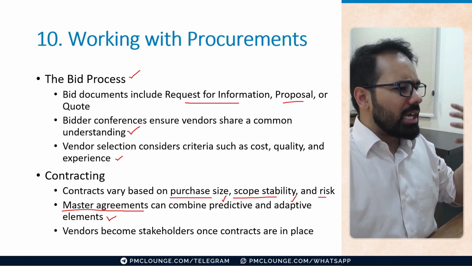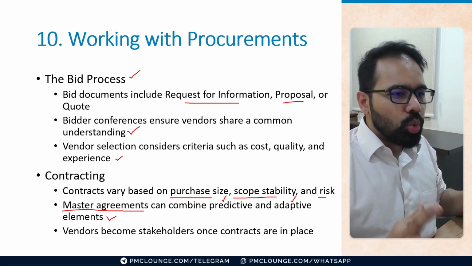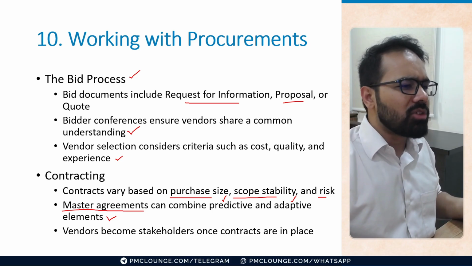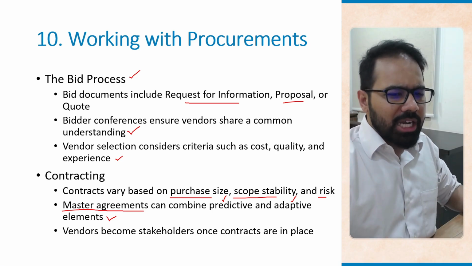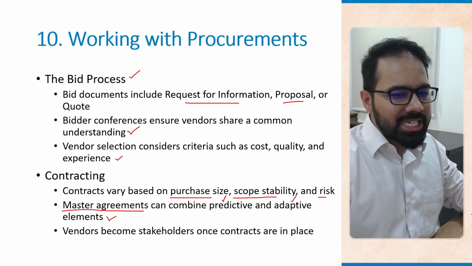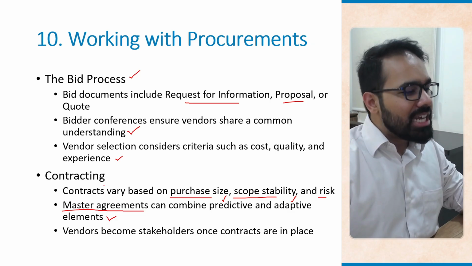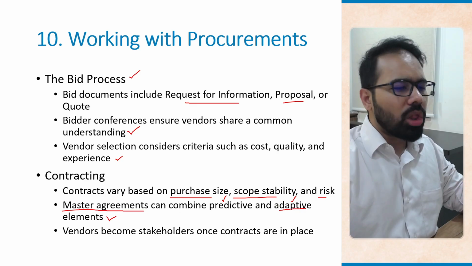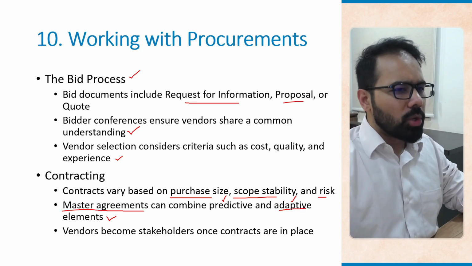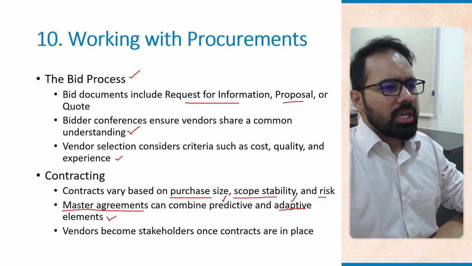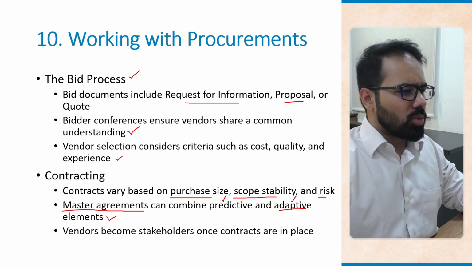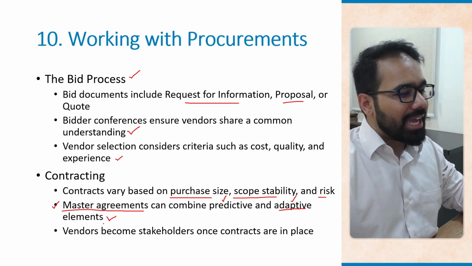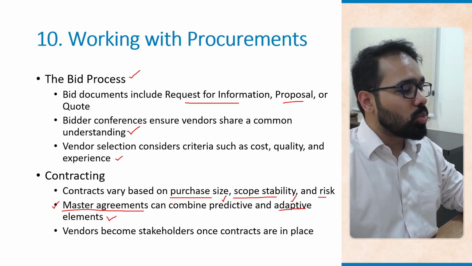But when it comes to, let's say, software updates that you need from the vendor, and this could be for any software that you are using for your e-commerce website, that's where an adaptive nature in your master agreement can also help, because you don't need all the software updates in one go. You can get software updates in a recurring fashion as well. So your master agreements with vendors can combine the elements of predictive as well as adaptive.